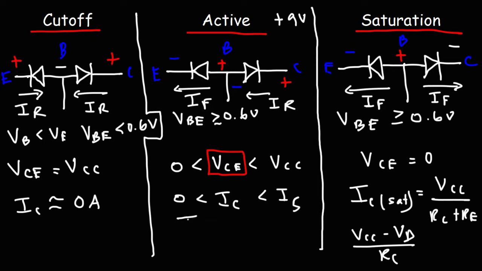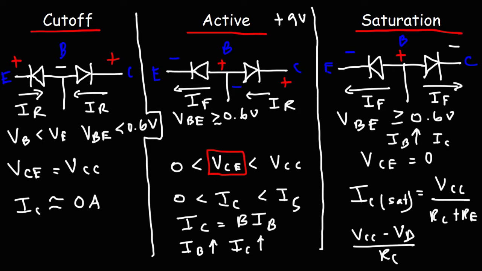Now, in the active region, IC can be calculated by using this formula, beta times IB. This means that as IB increases, IC will increase proportionally. In the saturation region, if you increase the base current, IC will not change. It'll be at its maximum value. So that's how you know if you're in the saturation region.